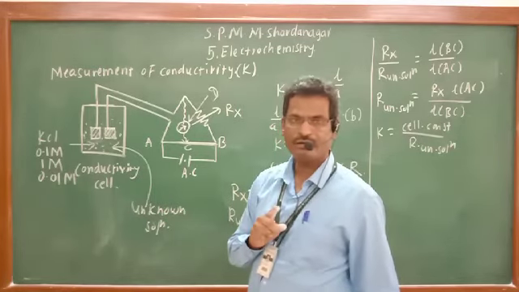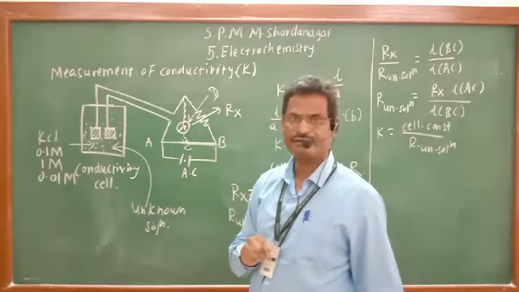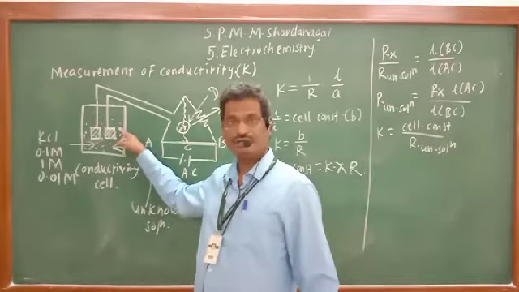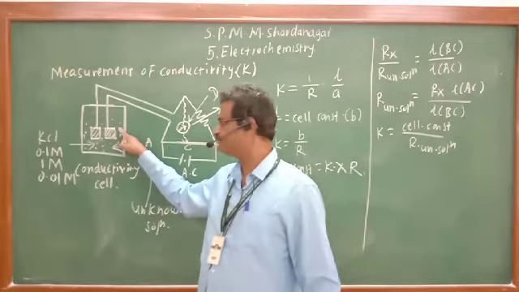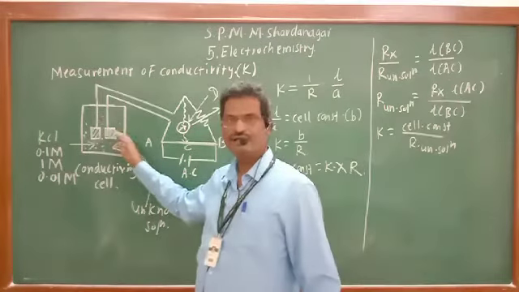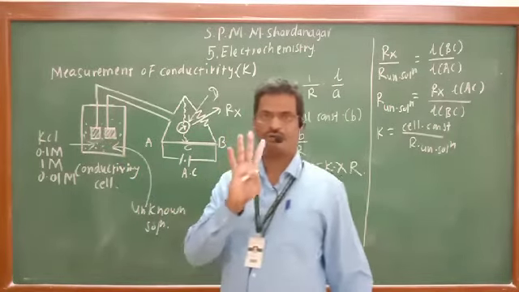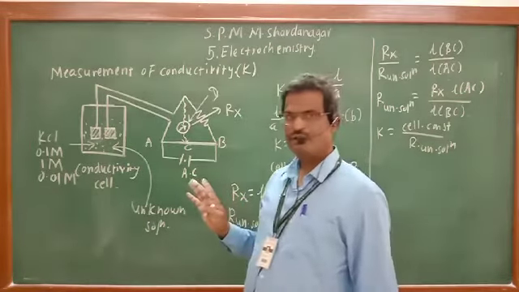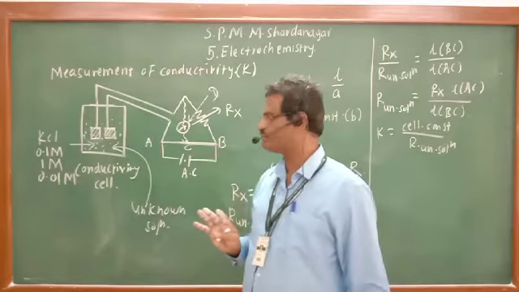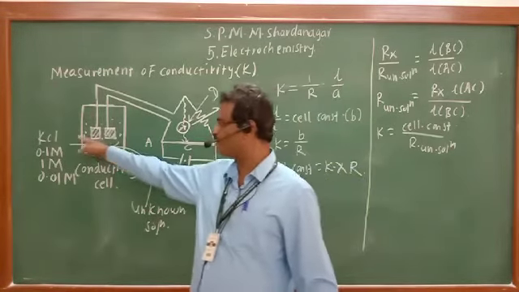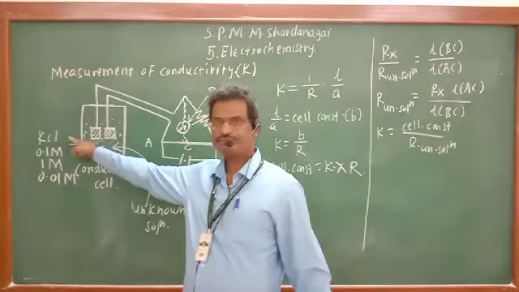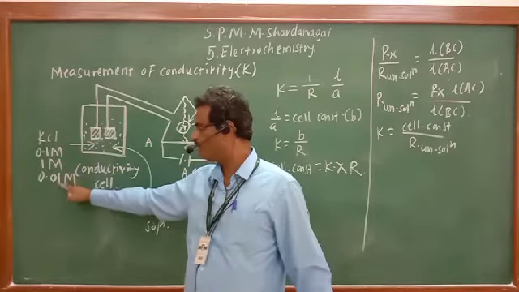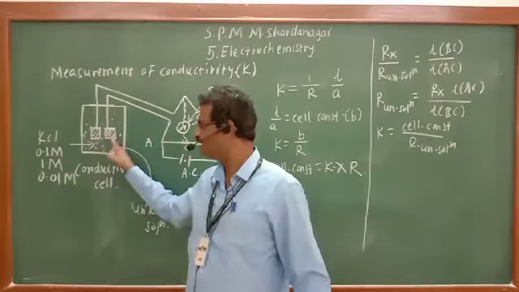They are covered by platinum black, which is possible by electrolyzing them in chloroplatinic acid, and they are dipped in the KCl solution in order to calculate the cell constant. What is cell constant that we have studied? For measurement of cell constant, KCl of either 0.1 molar or 1 molar or 0.01 molar is used.